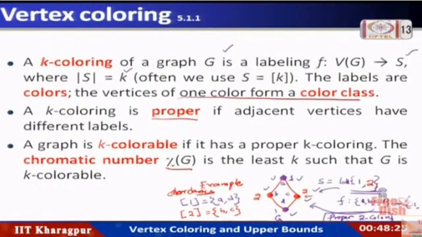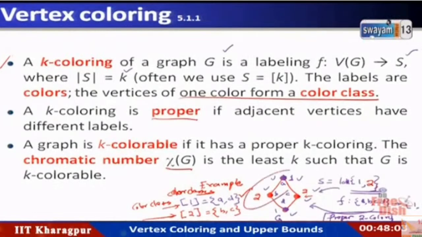So the vertices of one color form a color class. In this example we have shown two color classes, 1 and 2.